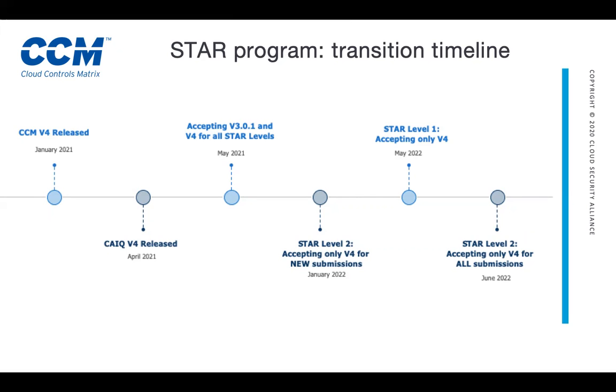This means essentially that companies that have the CSA STAR certification or attestation based on V3 will still be able to use it for 18 months following the new release before needing to transition to the new version.